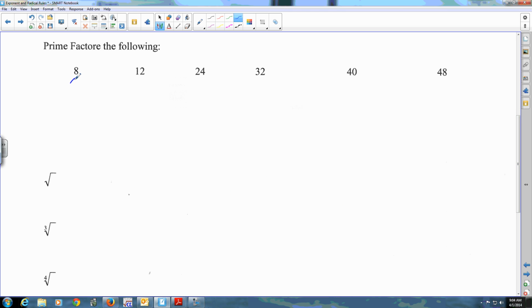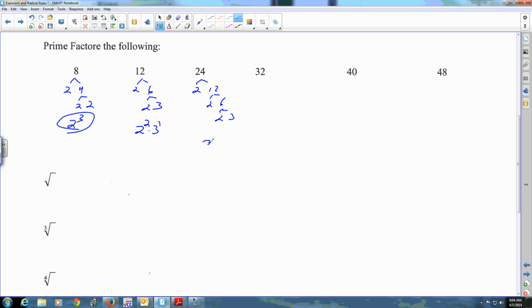So 2 goes into 8 4 times, goes into 2 and 2. So you get 2 cubed is 8. 2 and 6, 2 and 3. So it's 2 squared times 3 to the first. 24 is 2 and 12, 2 and 6, 2 and 3.